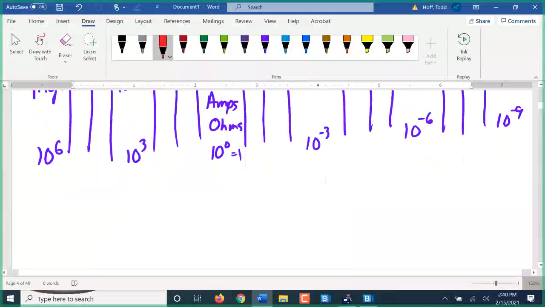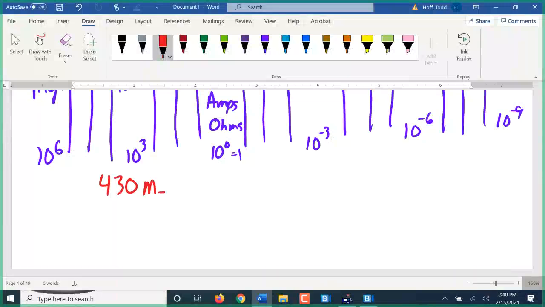If we have something like 430, capital M is our abbreviation for mega, and that upside down horseshoe is ohms. We have 430 mega ohms.